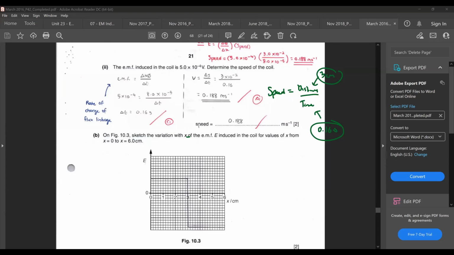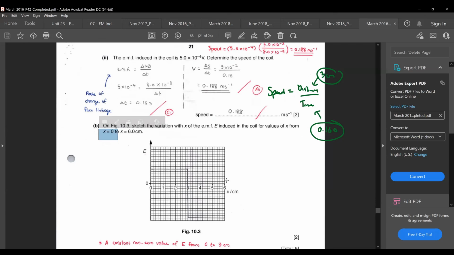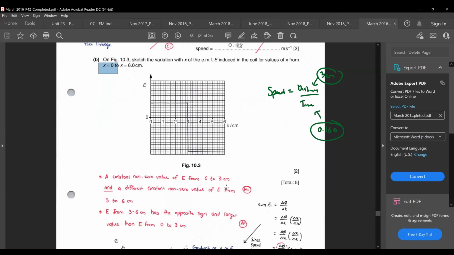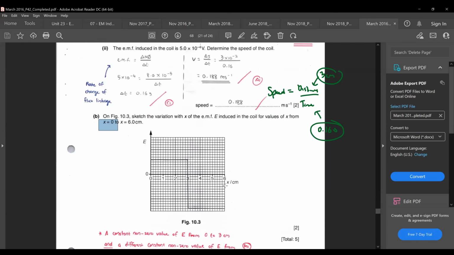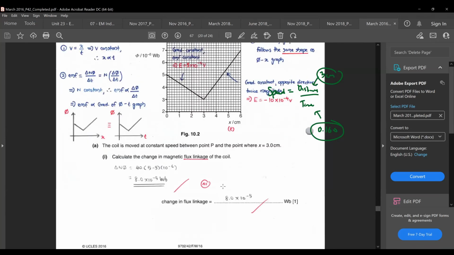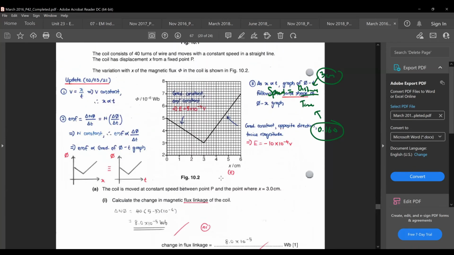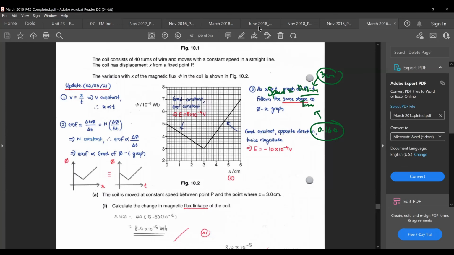Okay. Then on the next figure, they ask you to sketch the variation with x of the EMF E induced in the coil for values of x from 0 to 6 centimeters. The end conclusion is that you're still going to be looking at the gradient.